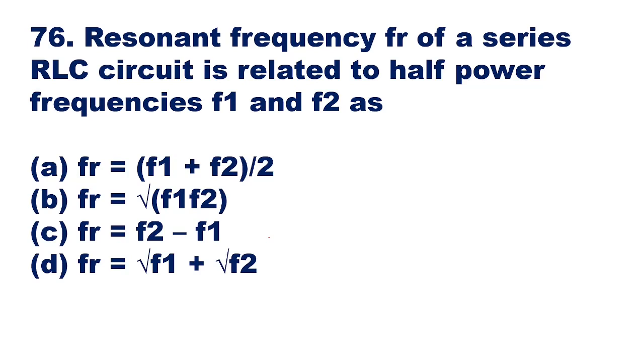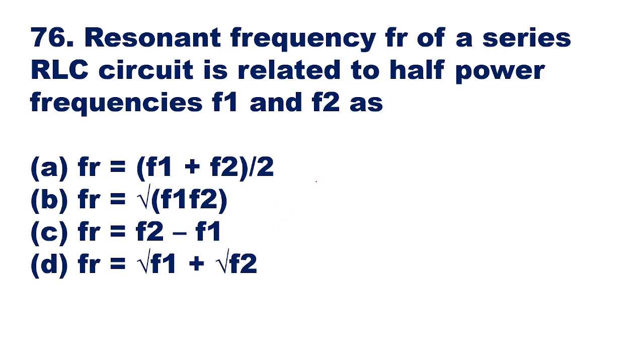The resonant frequency FR of a series RLC circuit is related to the half power frequencies F1 and F2 as what? In this, the resonant frequency is given as F1 plus F2 upon 2.